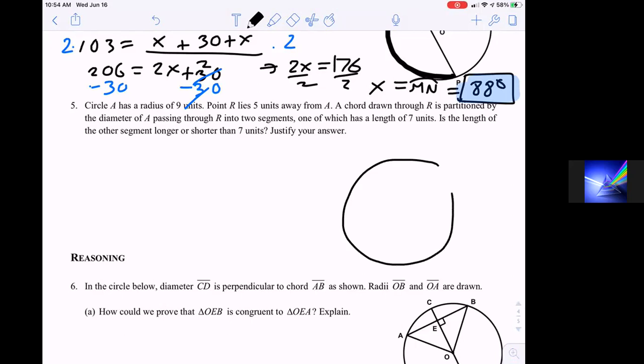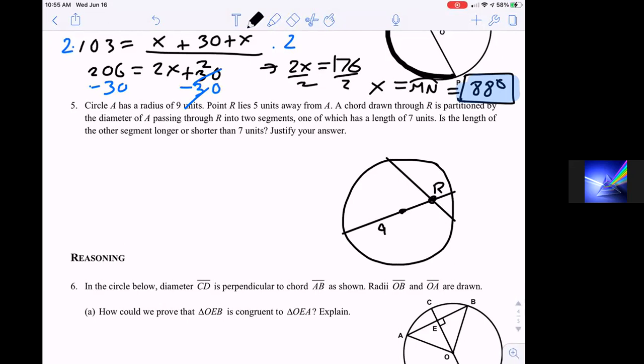It's kind of hard to visualize. So we've got circle A, so A is in the center. Let's draw a diameter across like this. The radius is 9 units. And we have another chord that's going to be intersecting at point R right here.